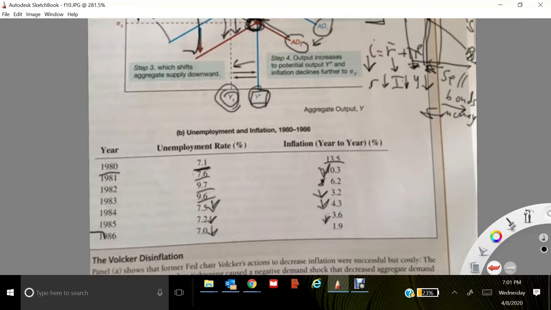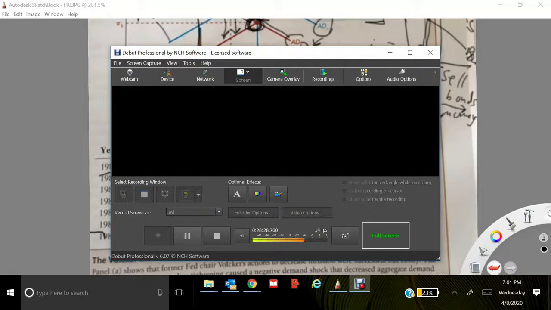Look at that, it's beautiful, it's a textbook example, it's in the textbook, of how monetary policy was able to solve our inflation problem there, okay? Let's hear it for economists, okay? They did a good job that time.